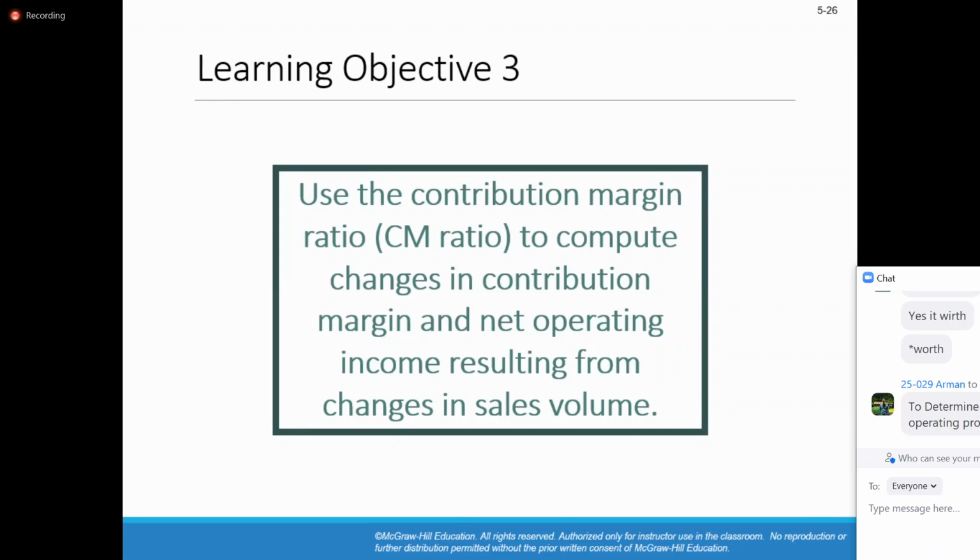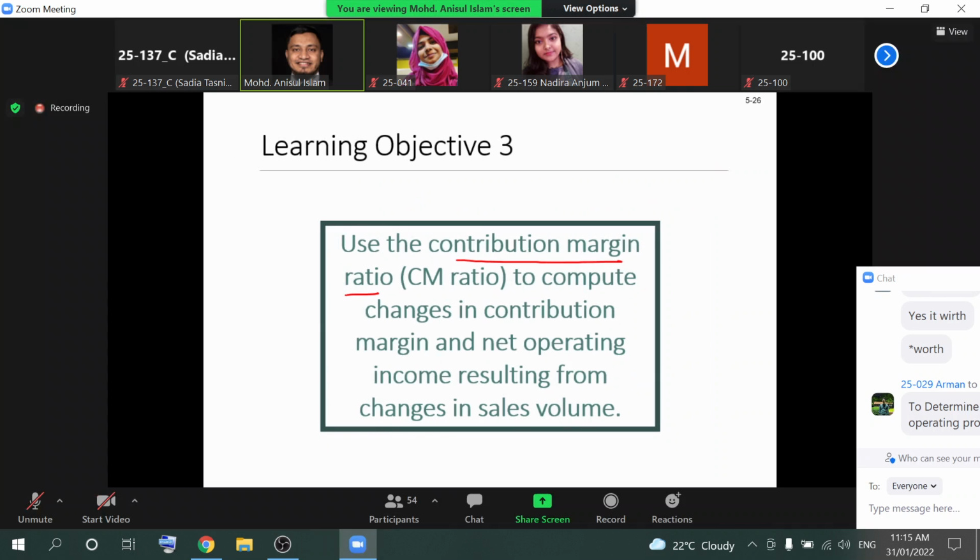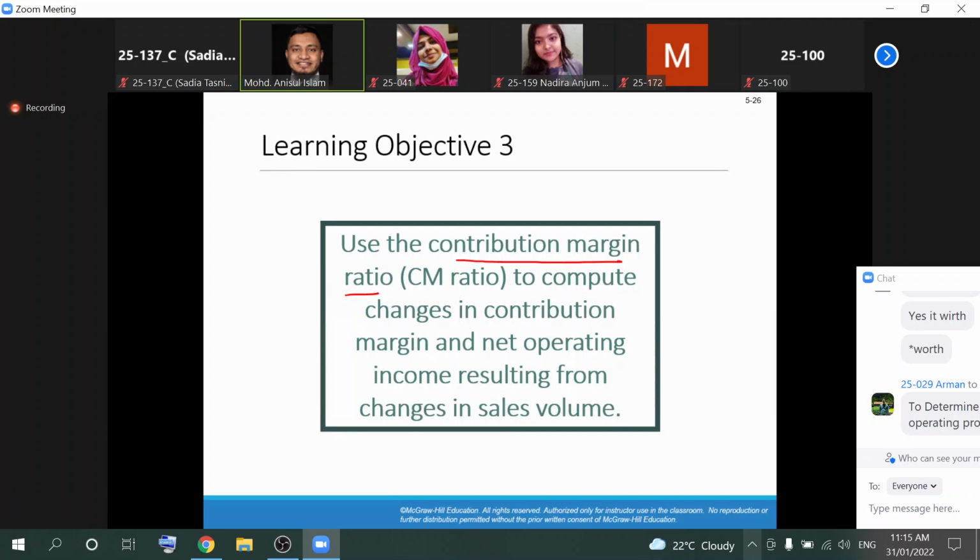So how can the contribution margin ratio be helpful? Contribution margin ratio is the term we have coined today, but the things are related to what we discussed earlier. So as long as you are familiar with contribution margin, the ratio must be familiar to you.